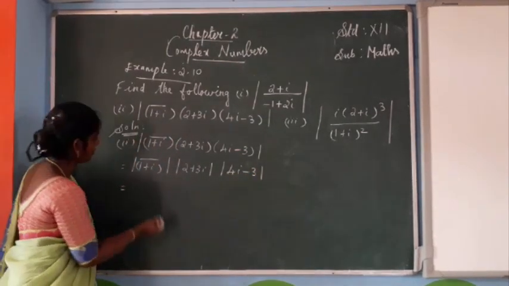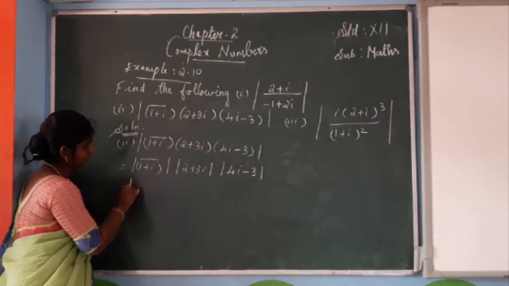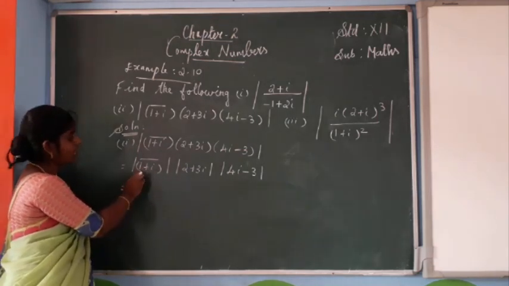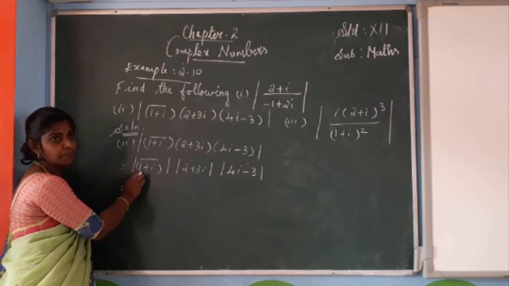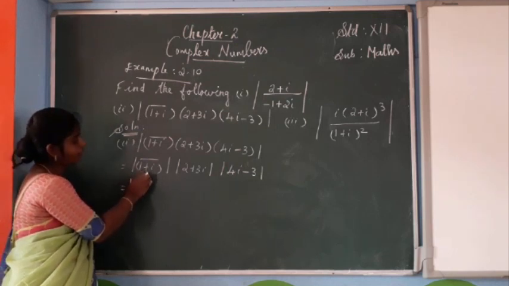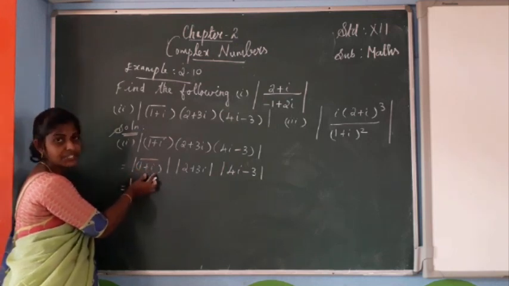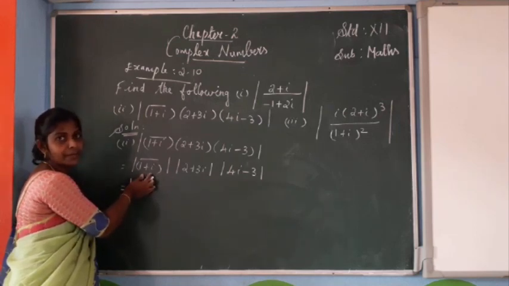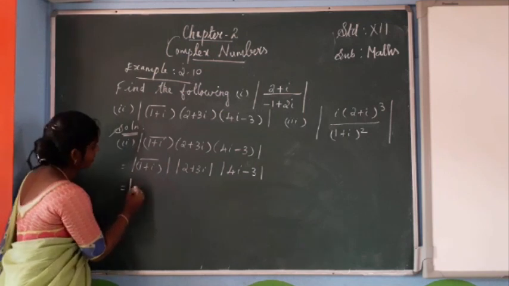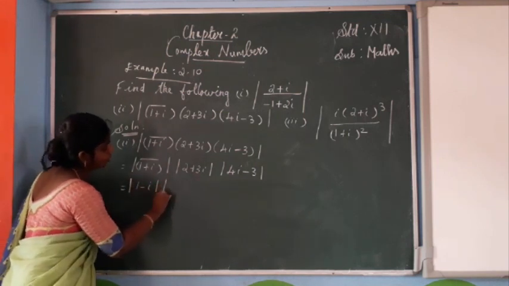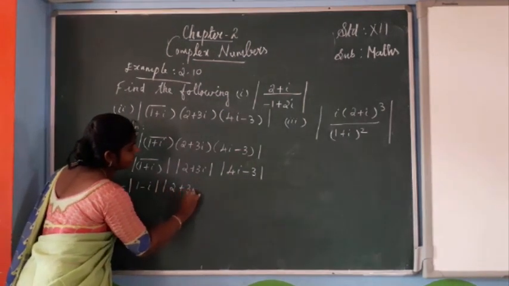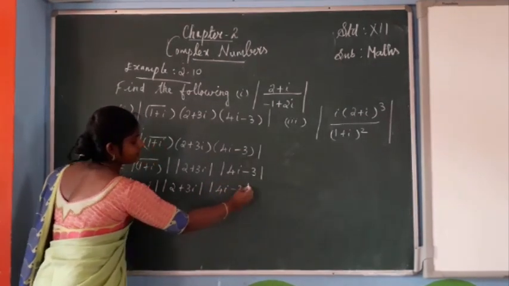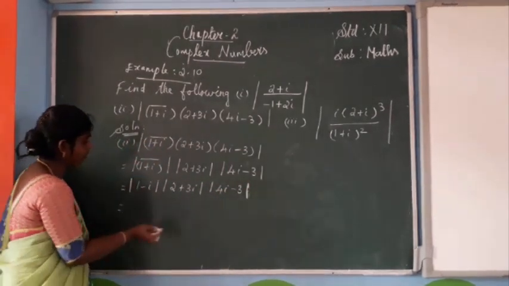For the conjugate, we take the conjugate of 1 plus i, which is 1 minus i. So modulus of (1 minus i) into (2 plus 3i) into (4i minus 3).